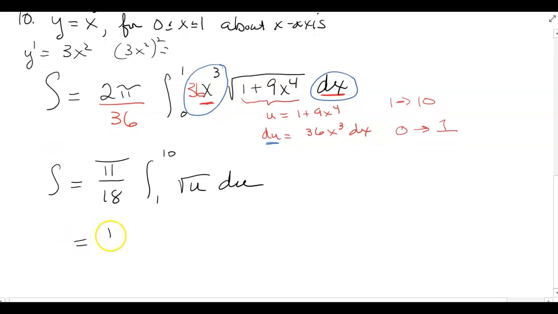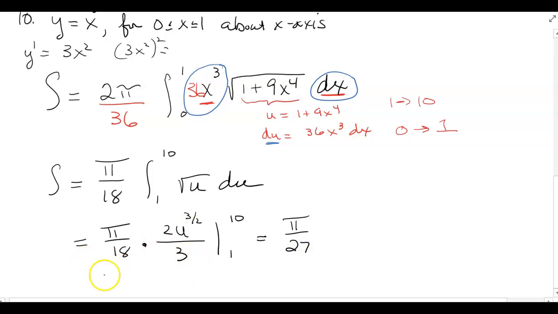All right. So pi over 18. That's u to the 1/2, which we've done a whole bunch of times by now, which is u to the 3/2 times 2 over 3. And that's from 1 to 10. I'm going to move the 2/3 and the pi over 18 together. And pi over 18 times 2/3 becomes pi over 27, I believe. Yeah, the 2 cancels and 9 times 3 is 27.